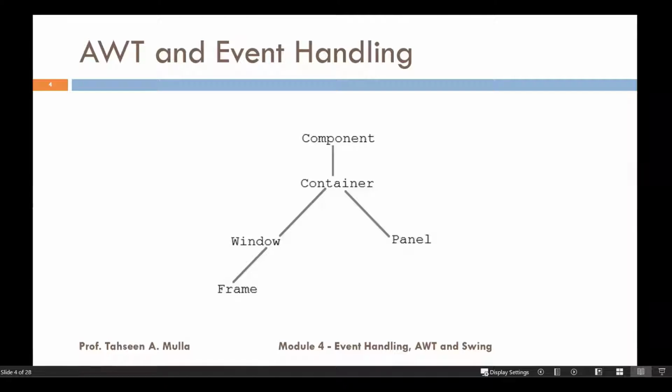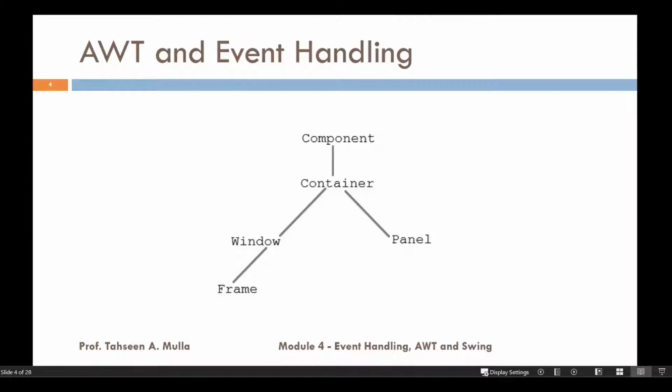All these classes are available in the java.awt package. Now, first we have the Component class. The Component class is at the topmost of this hierarchy. It is an abstract class which encapsulates all the attributes of the visual, I mean the graphical components.